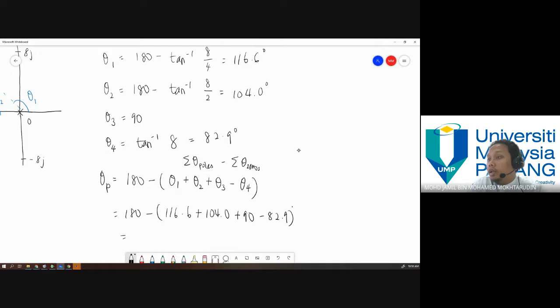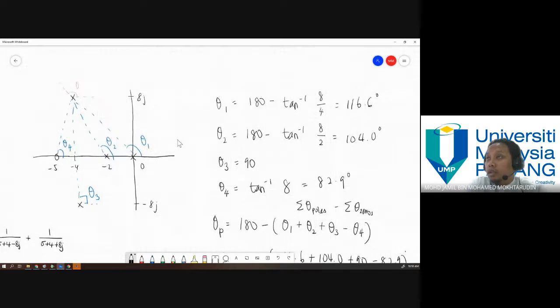So you get negative 47.7. So negative meaning that the angle here is actually measured from below, okay? So it's here.